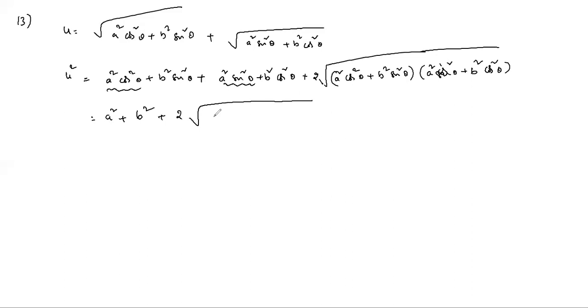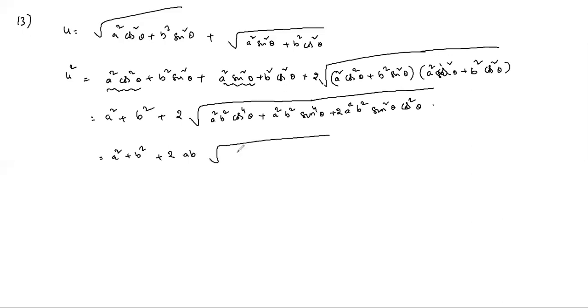So what do you get this one? a square b square cos square theta into cos square theta, cos 4 theta, plus a square b square sin square theta into sin square theta, sin 4 theta, plus a square b square sin square theta into cos square theta plus a square b square into sin square, 2 times. So 2a square b square sin square theta cos square theta. So it is equals to a square plus b square plus 2 into root of a square b square common.